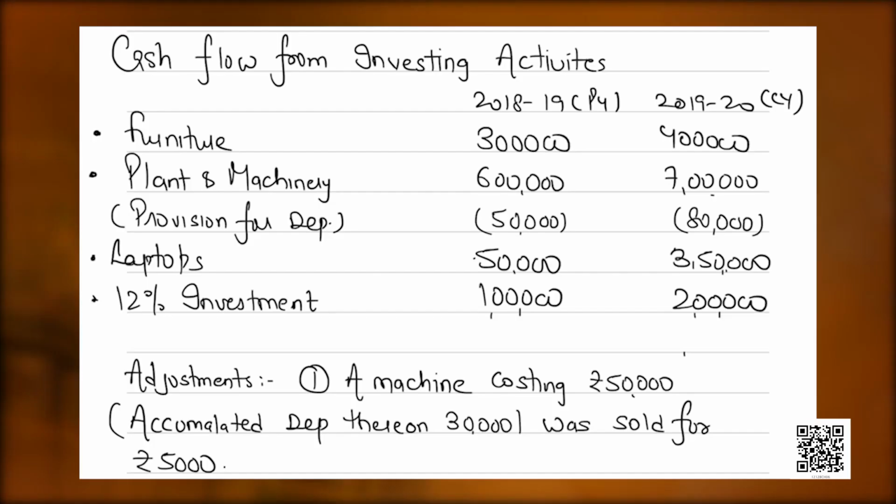Let us start. Here on your screen, you can see we have a few fixed assets. Furniture, in the previous year it was 3 lakh, in the current year it is 4 lakh. And plant and machine, 6 lakh, 7 lakh. If you remember the class 11th chapter on depreciation, where we discussed how depreciation is accumulated in a separate account, that was the provision for depreciation account, that is given to you with an adjustment.